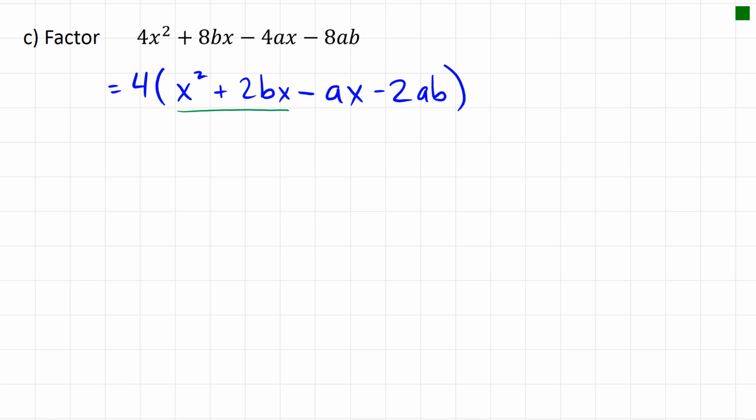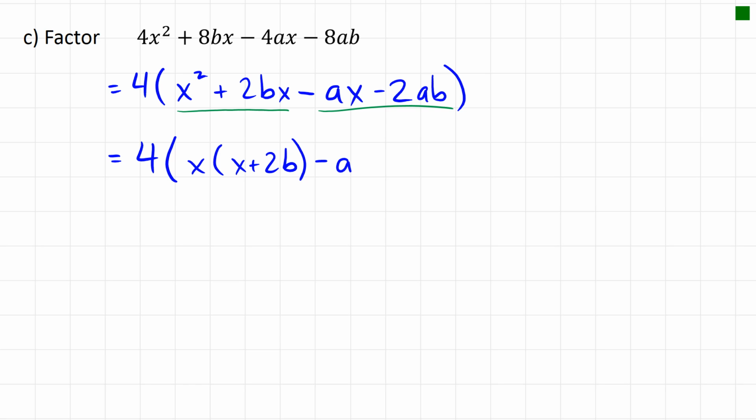And so if I'm going to try factoring by grouping, I have to do this in pairs. So 4 times this first pair I can factor out an x, and that leaves me with x plus 2b. And in the second pair I'm going to pull out a negative a.